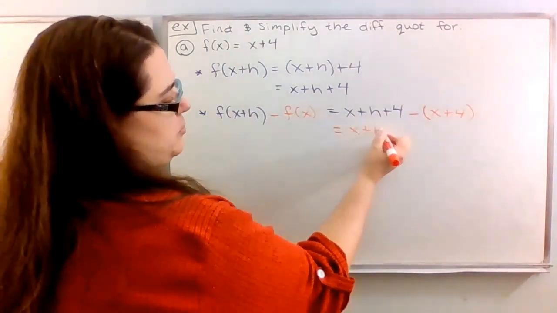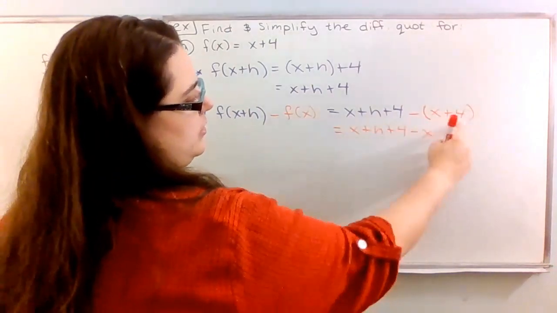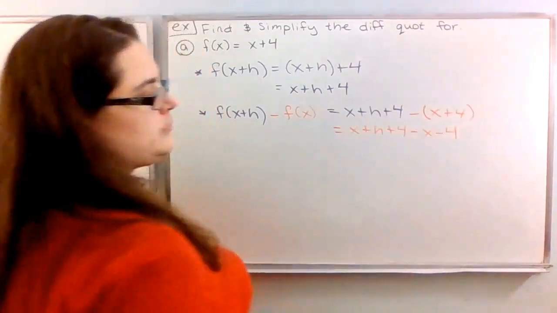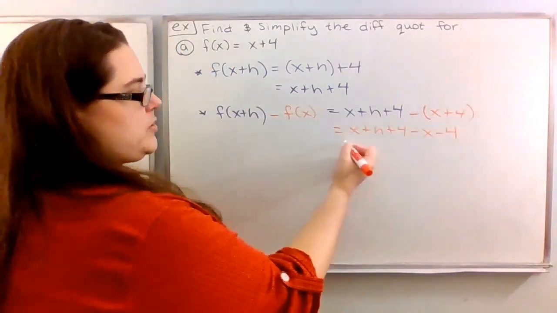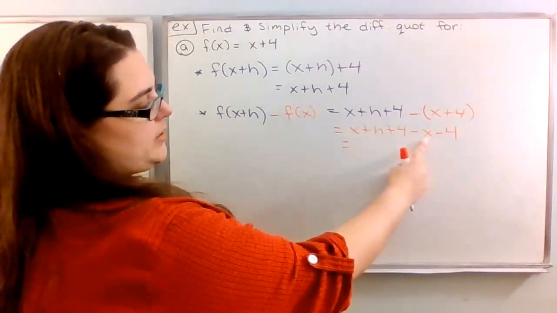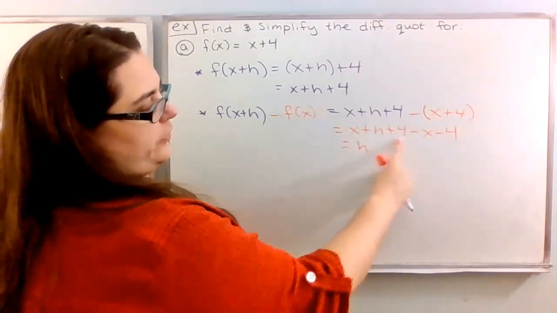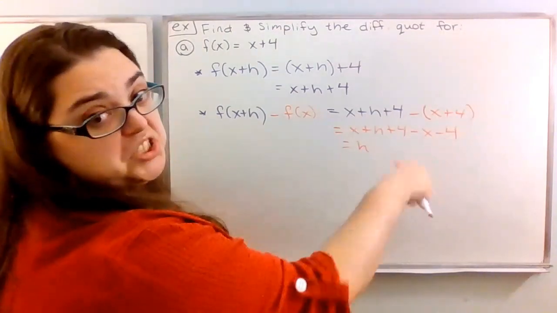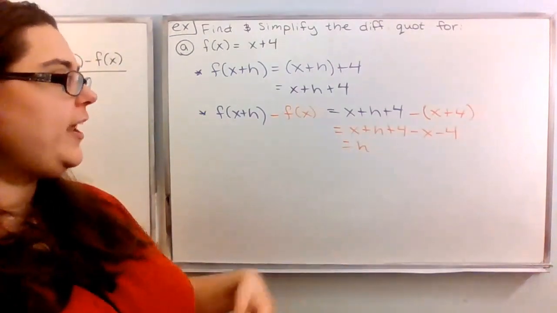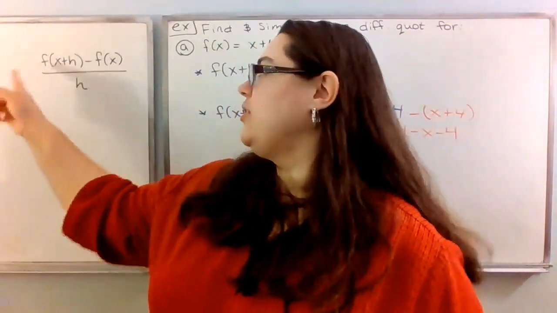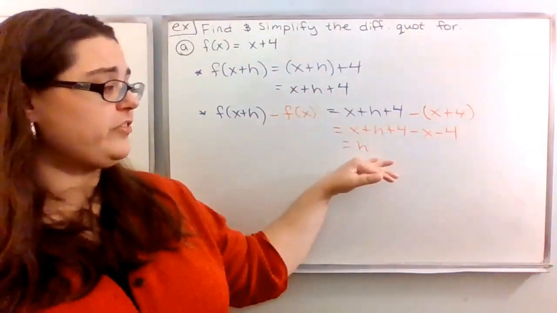So we have x plus h plus 4 minus x minus 4. And then we can combine our like terms. x minus x is nothing. 4 minus 4 is nothing. So we just get h. So we take this really huge, awful looking thing, and in this particular instance, it simplifies just to h.